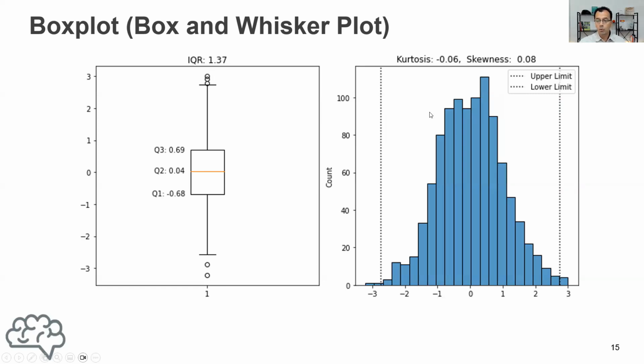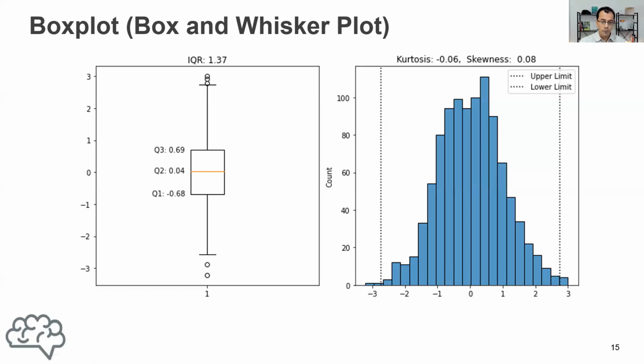And the way that they do it is by using an empirical rule that takes into account the range within the box, which is called the interquartile range. The interquartile range is the difference between Q1 and Q3. And as I mentioned before, you get Q1 by ordering this variable from its smallest value to its largest value, and you take 25% of the objects, they compose Q1, the other 25% compose Q2.